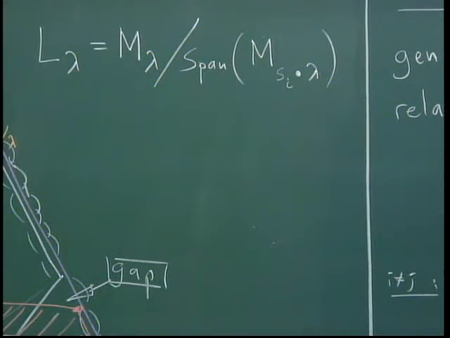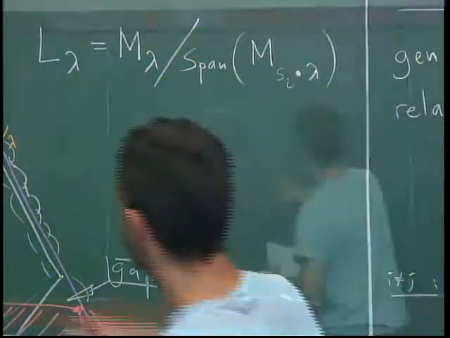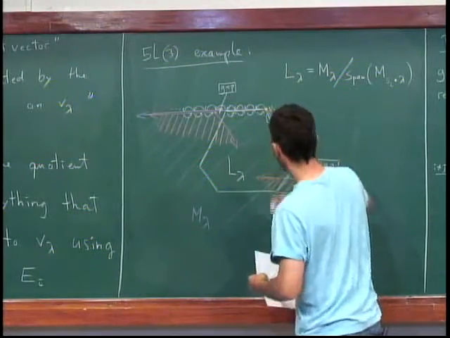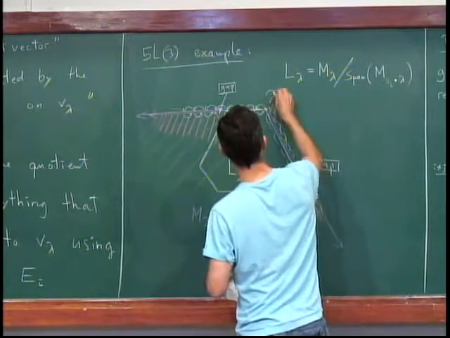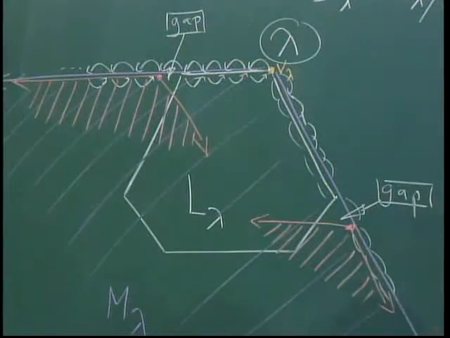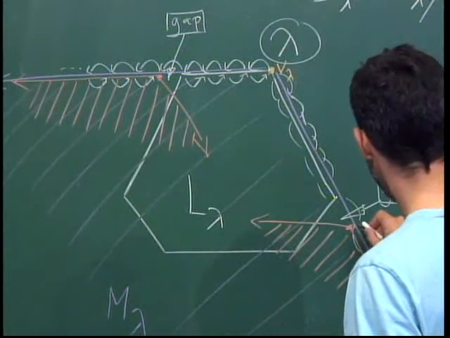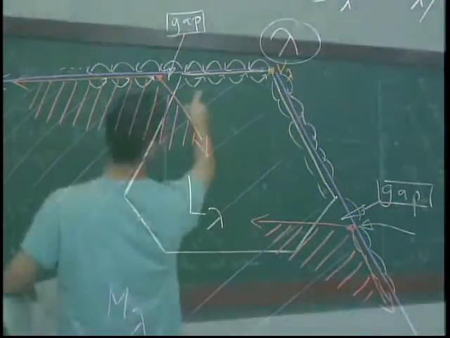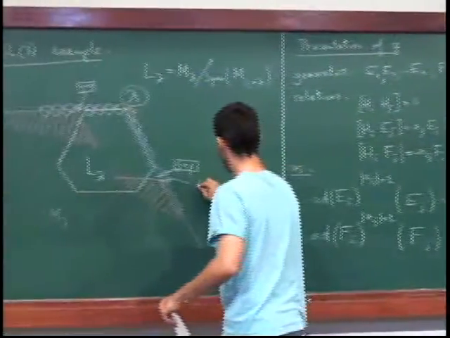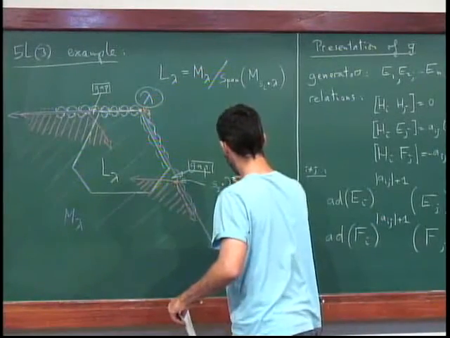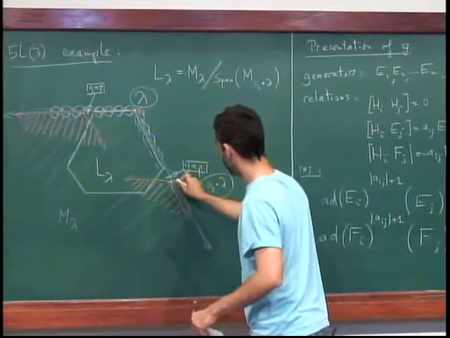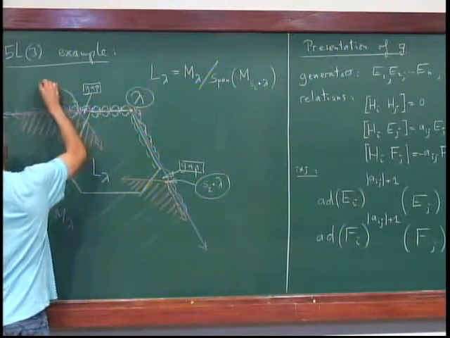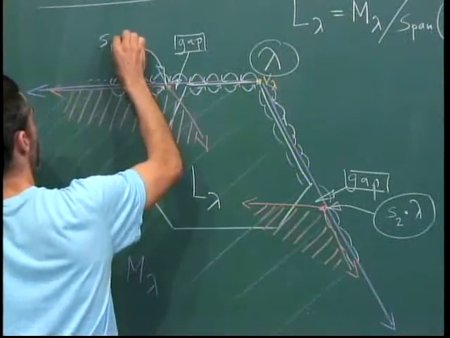So if this is lambda, so this is the weight lambda, lives here, then this weight here is, let's see, this is the direction of the E2, so that's going to be s_2 acting on lambda, this particular weight, and that's s_1 acting on lambda.